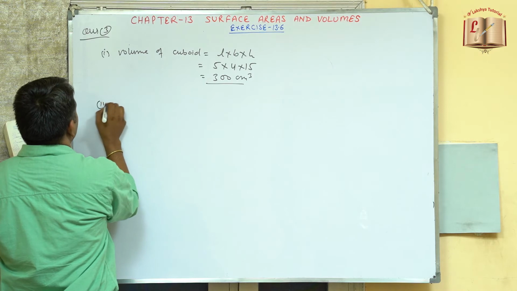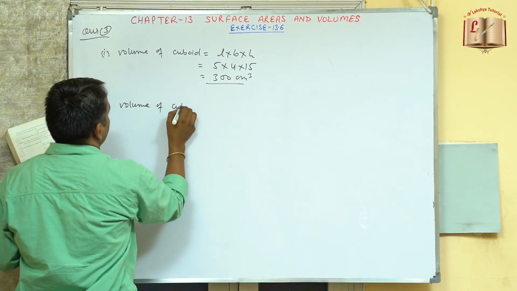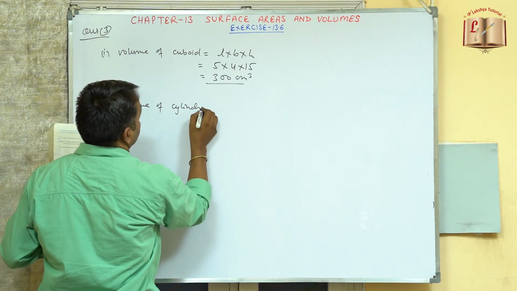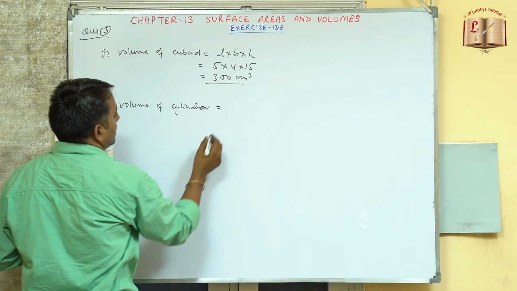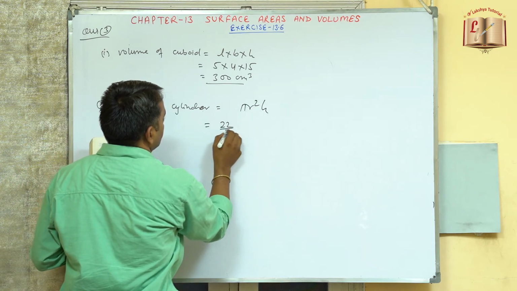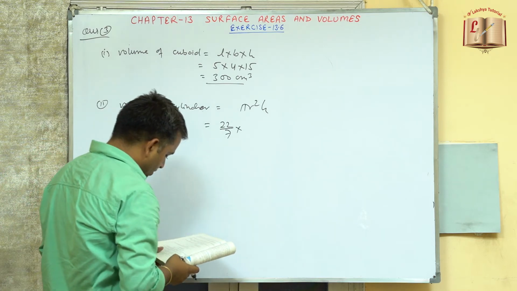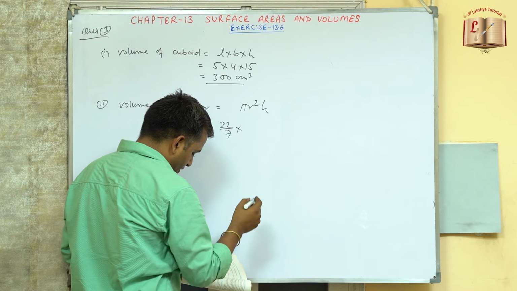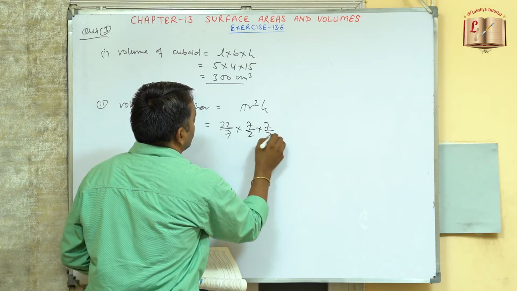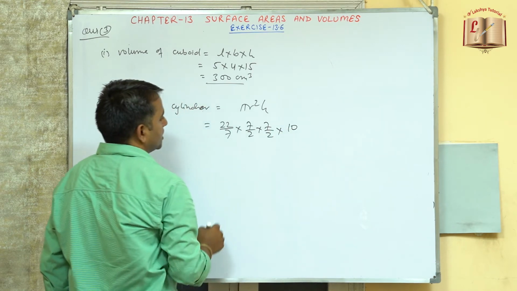Similarly, second case, now volume of cylinder. So volume of cylinder will be equals to pi r square h. So this is 22 by 7 into r square. So diameter is given as 7 centimeter. So this can be written as 7 by 2 into 7 by 2 into height is 10 centimeter.